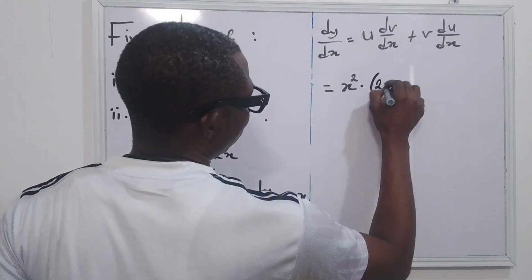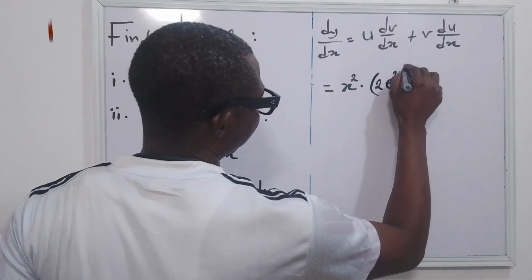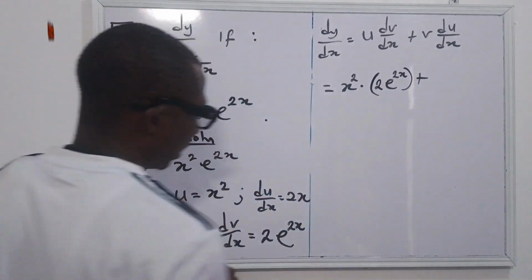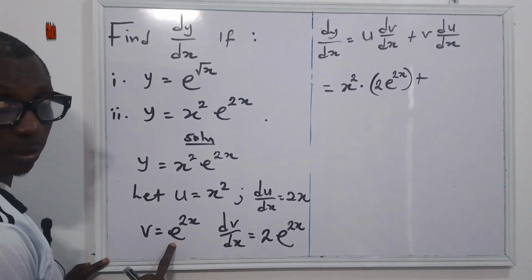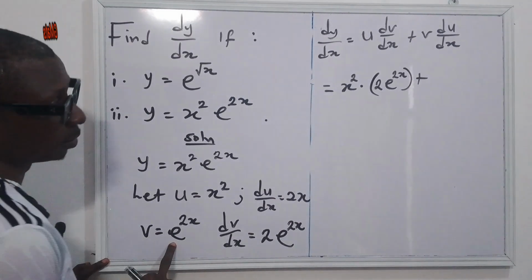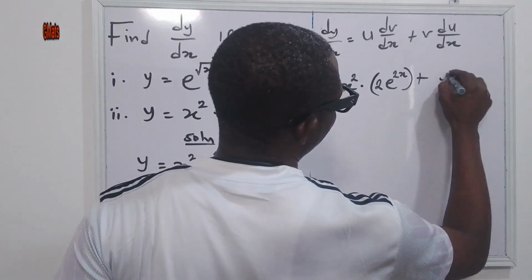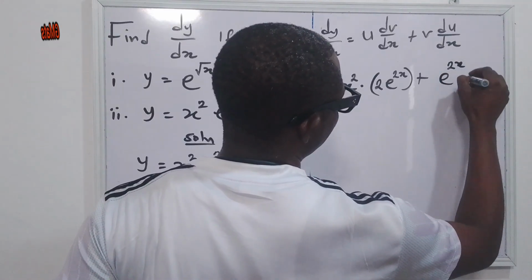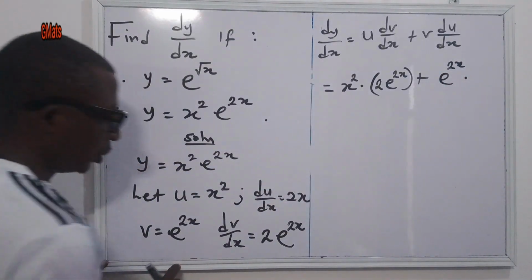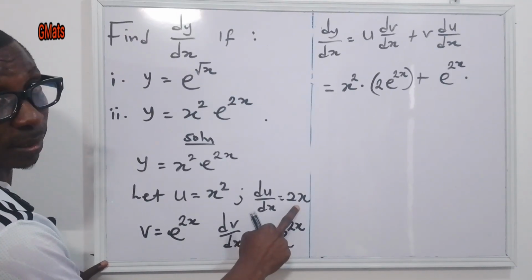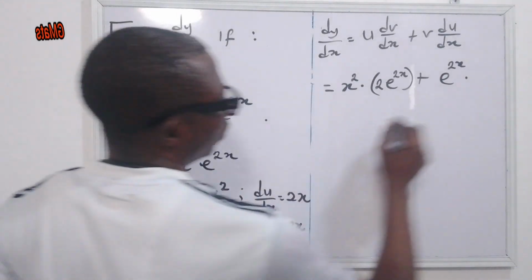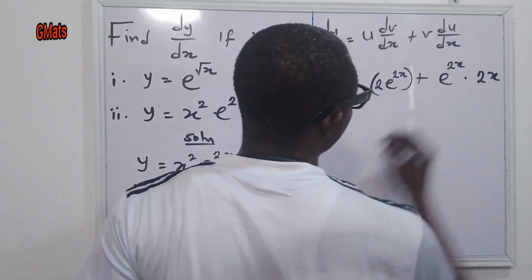So we have 2 e raised to the power of 2x plus. Now, v, what is v? v is e raised to the power of 2x. So we have e raised to the power of 2x times du/dx. The du/dx is 2x. Okay, so we have 2x.